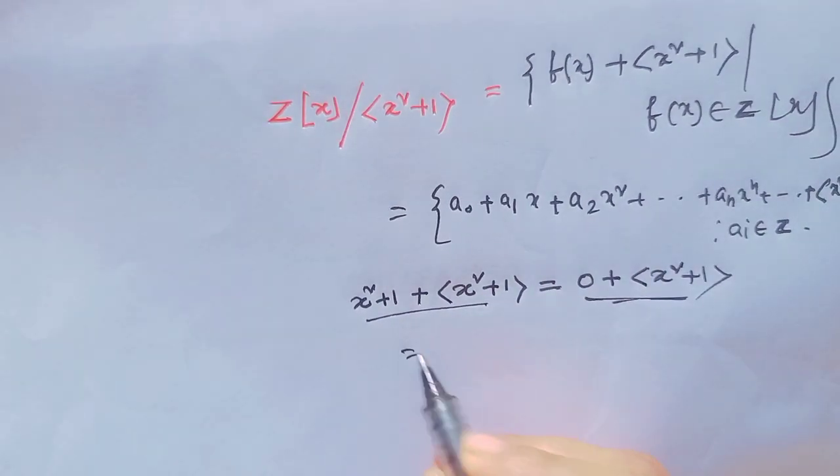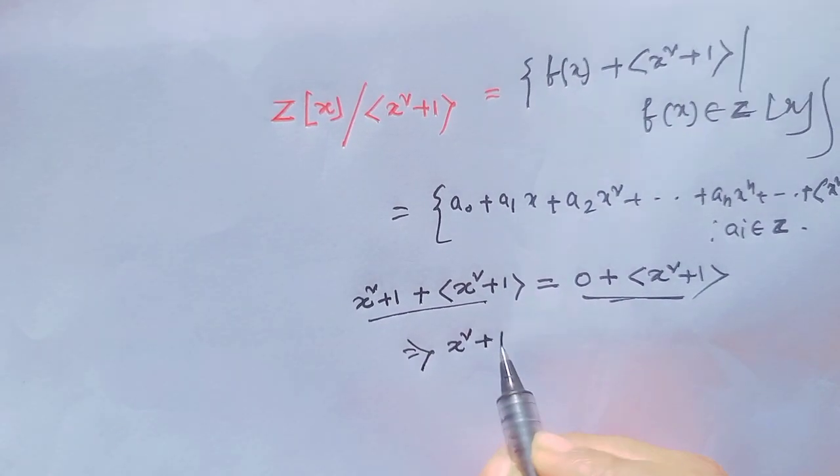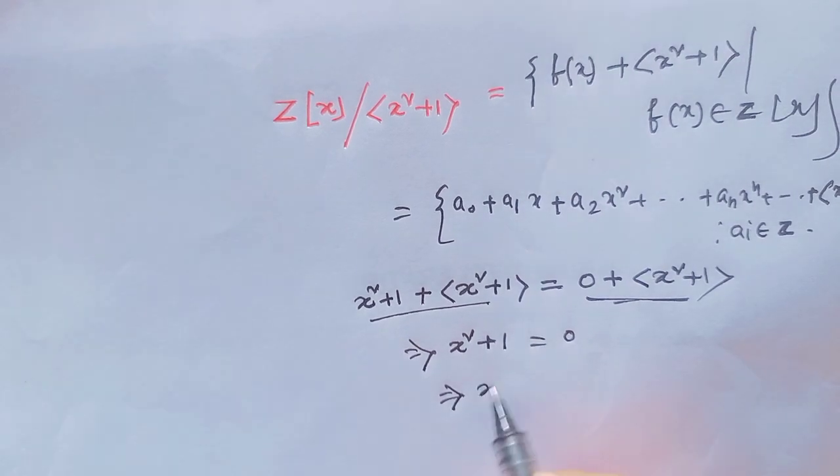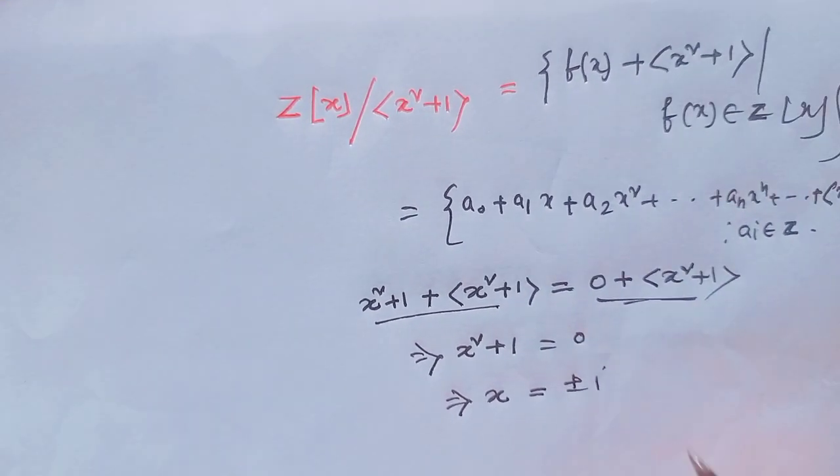By this we can write x square plus 1 equals 0, which implies x equals plus or minus i.